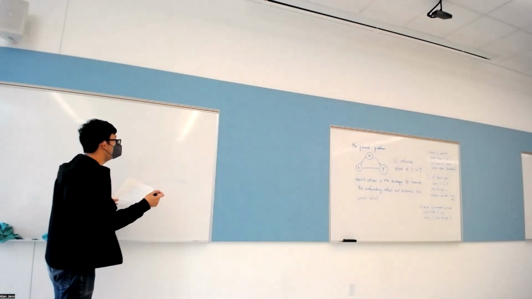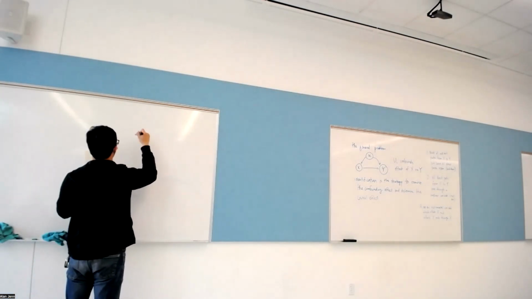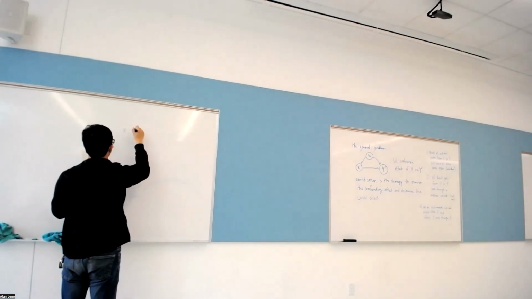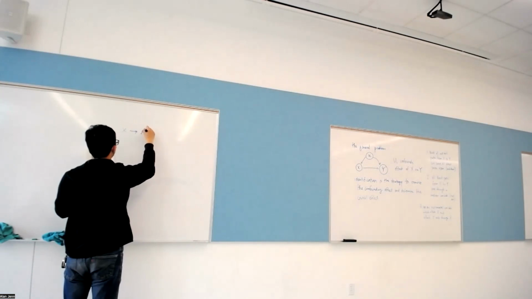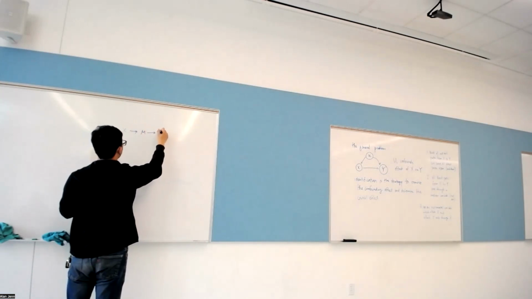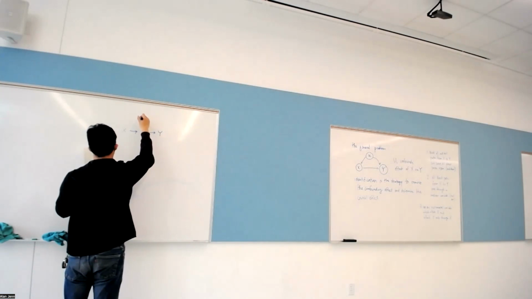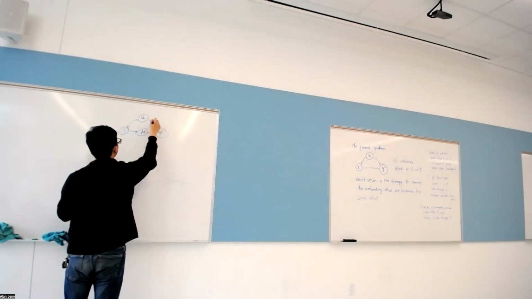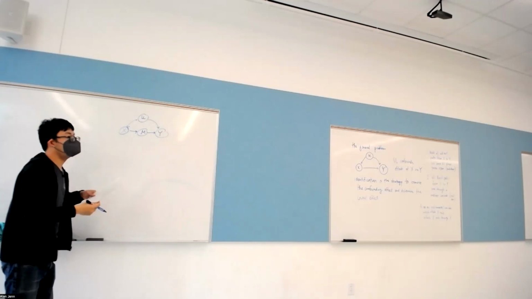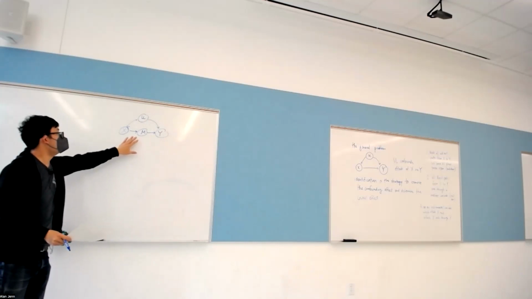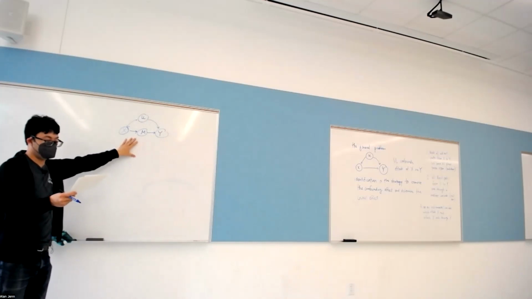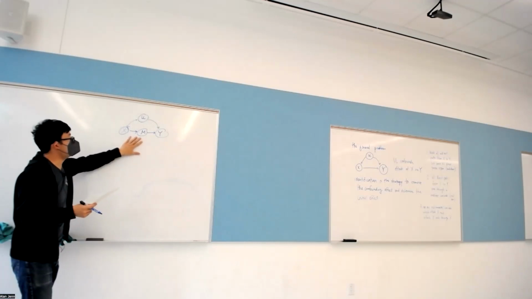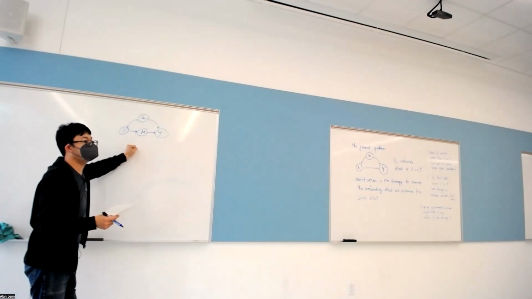An example of the backdoor might be something like this, where you have a mediator variable which is unaffected by your unobserved terms.